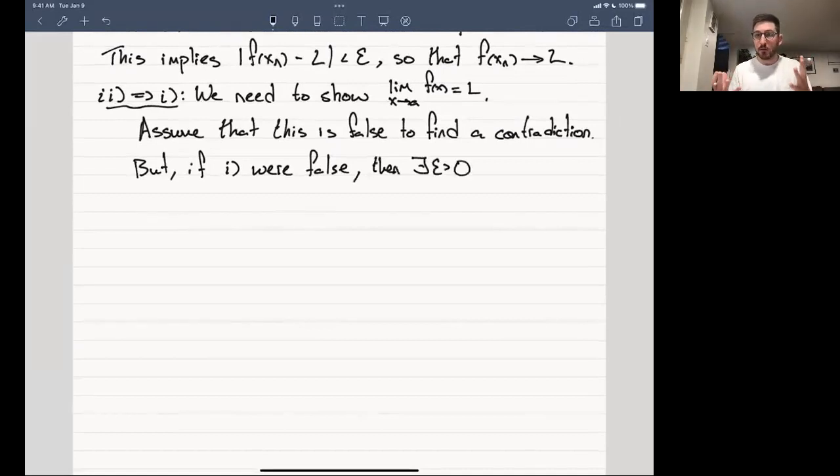Remember, if you're going to invert or negate these statements, for all becomes there exists, and there exists becomes for all.